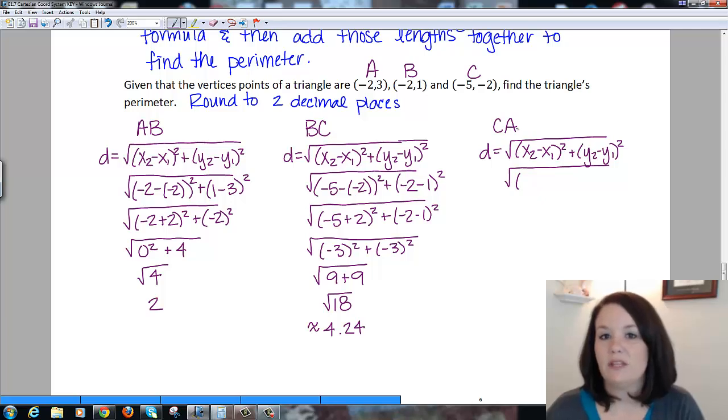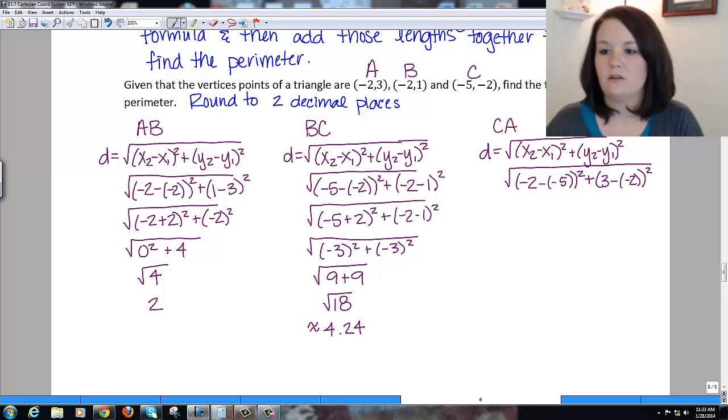Notice my second point, the way I wrote it, CA, is my A. So my x value of A is negative 2 minus my x value from my first point, which is C, negative 5, squared, plus my y from my second point, so my y from my A, which is 3, minus the y from my first point, which is my C point, which is negative 2, squared.